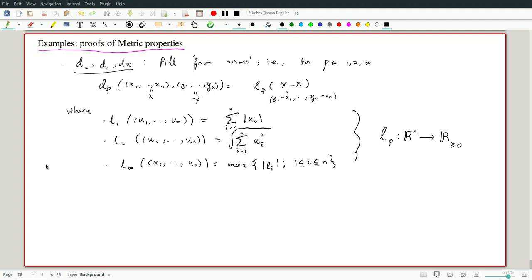So you can say, if L maps Rn to the non-negative reals, and D is defined by the following: D of x1, up to xn and y1, up to yn is going to be L of, well, I'll write it in a simpler form, to be consistent with the above, y1 minus x1, up to yn minus xn.